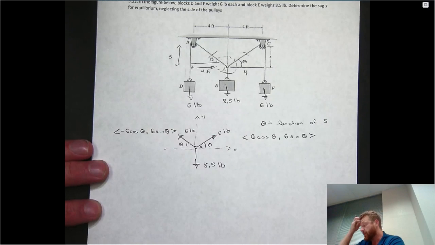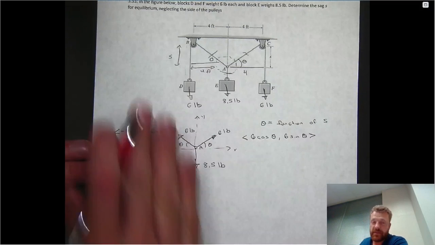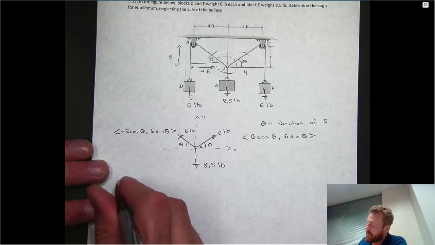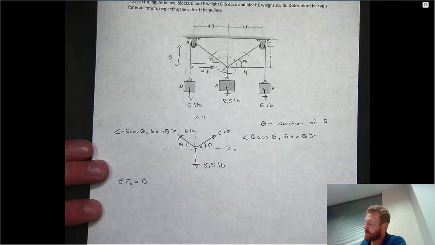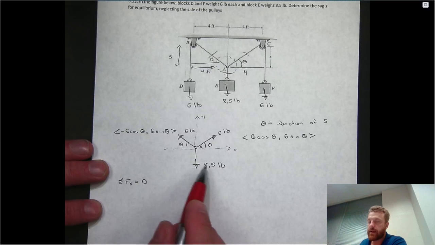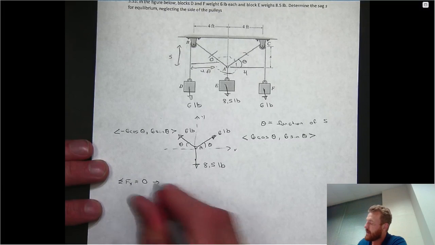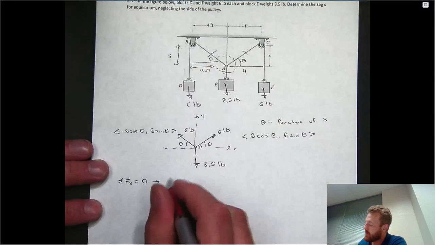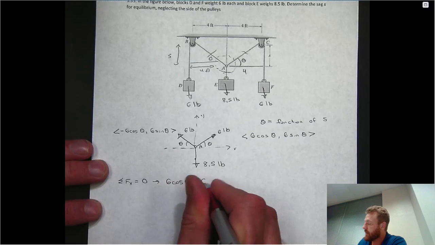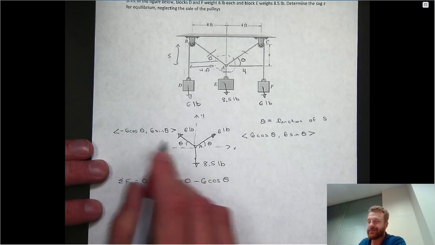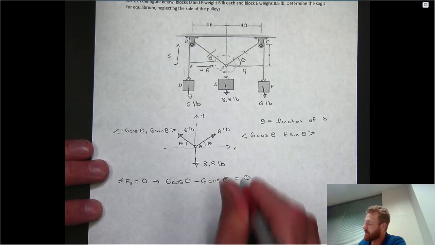Okay. So if I were to enforce equilibrium here, remember, since this is a coplanar force system, you're going to have two equilibrium equations. One says that the sum of all forces in the x direction must be 0. Well, this doesn't have a component in the x direction. So what that means is that the pull of this rope to the right, which is 6 cos theta, minus the pull of this rope to the left, remember that when you add vectors, you just take the sign with them, must be 0.